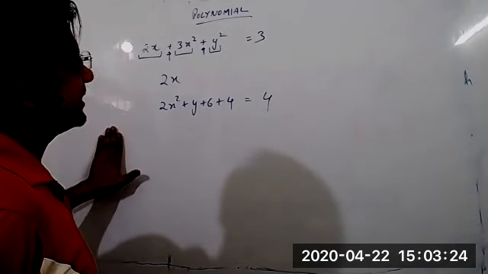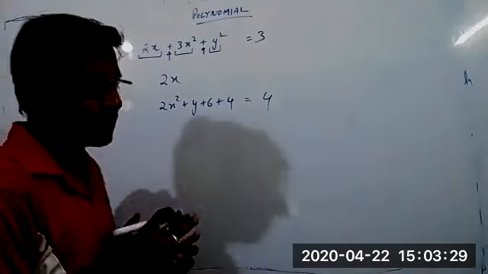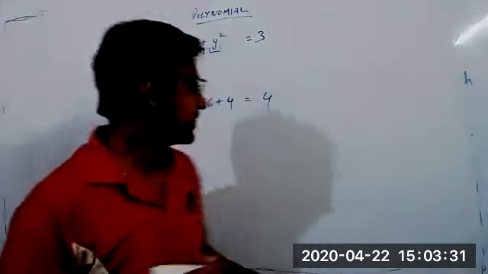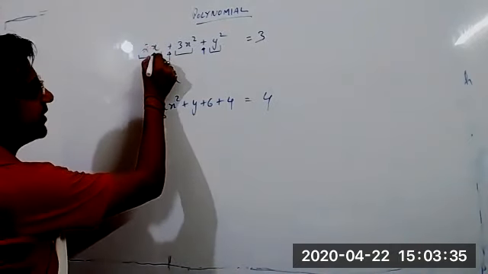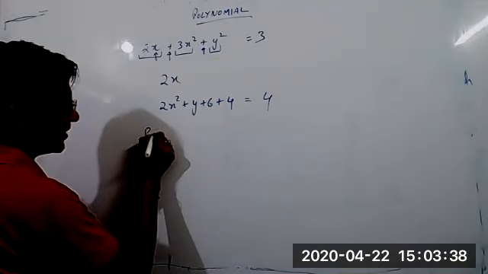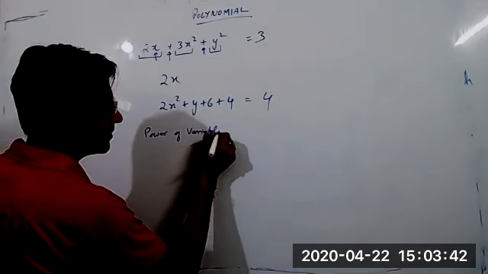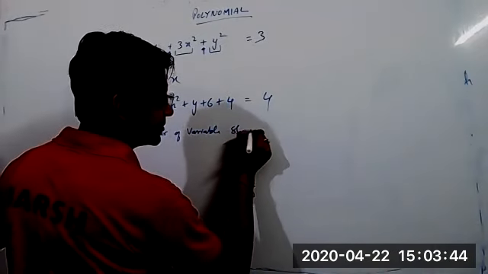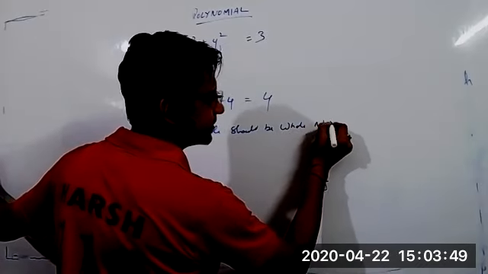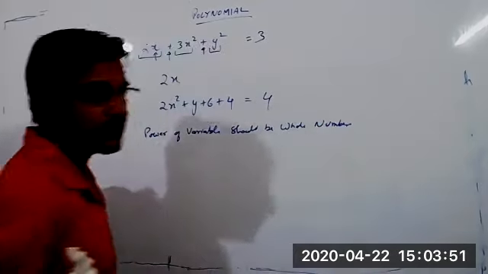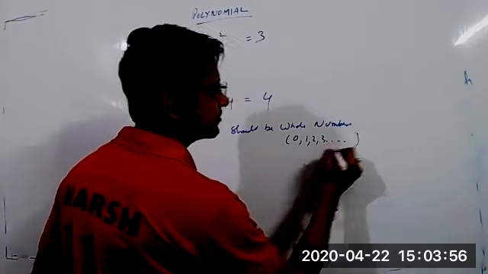Now I'll talk about the degree of polynomials. First you understood polynomial. Now one important thing: the power of the variable should be a whole number, and whole numbers are 0, 1, 2, 3, and so on.